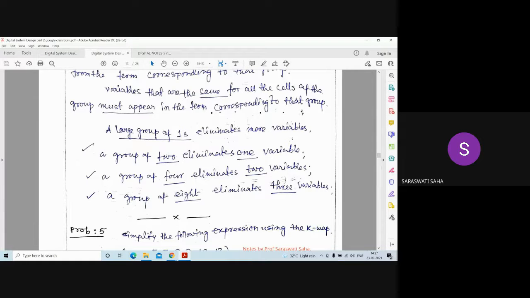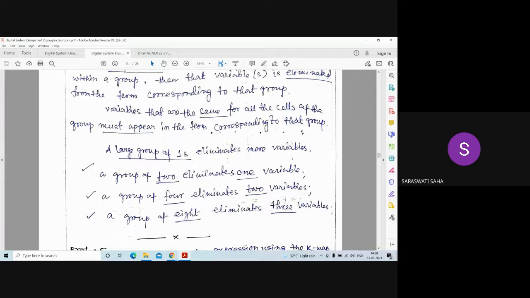Variables, or another term, literals. So these are now clear. 2 means it makes a pair, 4 makes a quad, and if 8 adjacent cells contain 1, then it makes an octet.